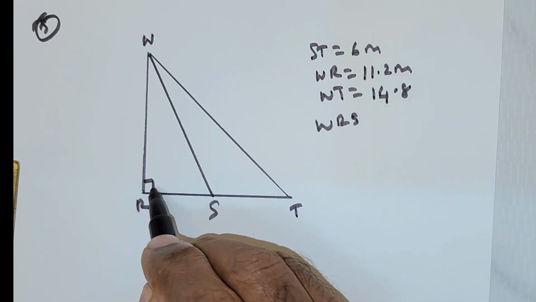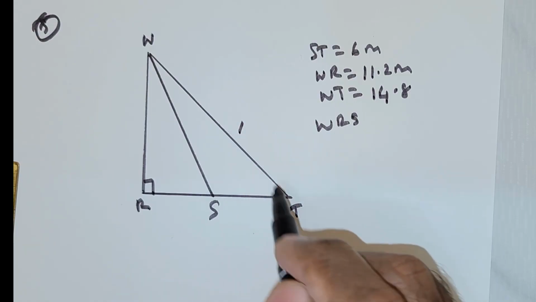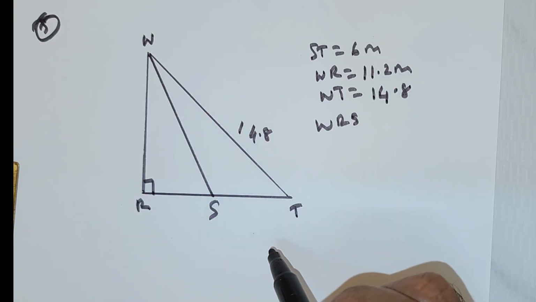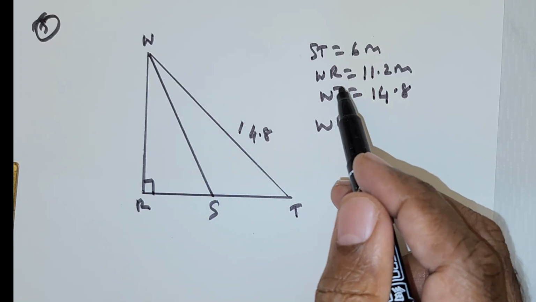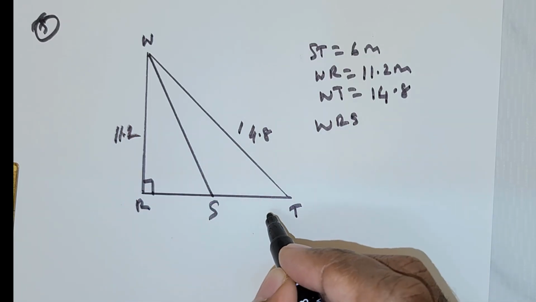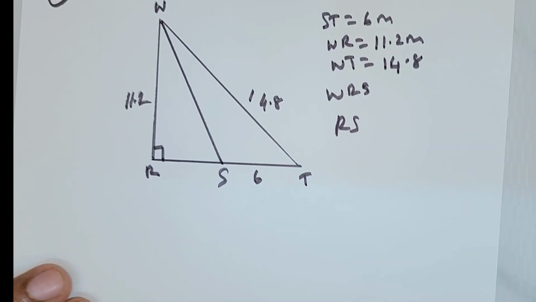So this is actually 90. This is given as 14.8, right, and WR is 11.2, ST is 6. We are asked to find RS.